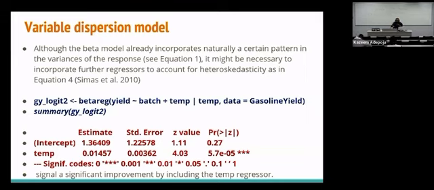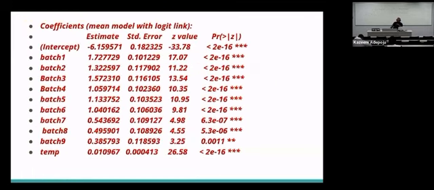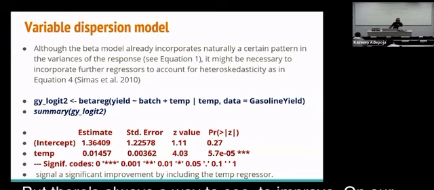We had a result, but there's always a way to improve on our results. If I incorporate a variable that accounts for heteroscedasticity, and if the effect of that variable turns out to be significant, then it means we need to do it.